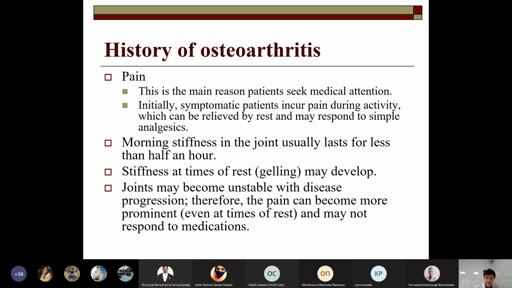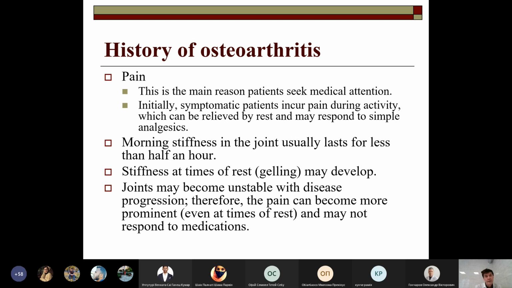So joints become unstable with disease progression, but it is in the history from a fairly early stage of the progression of osteoarthritis. So the pain can become more prominent in the fairly early stage, and then sufficient moving limitation in joints, with the complete loss of professional activity, occurs.